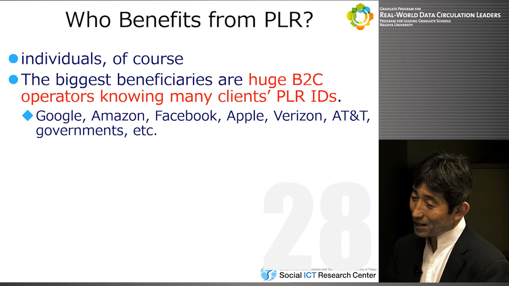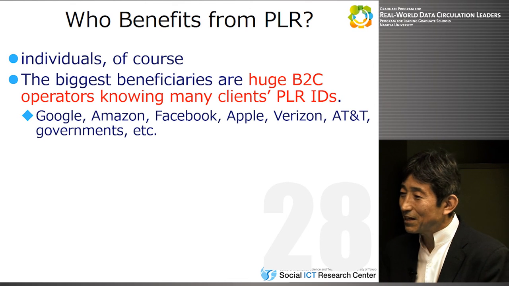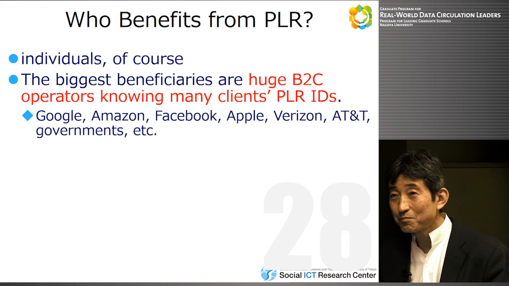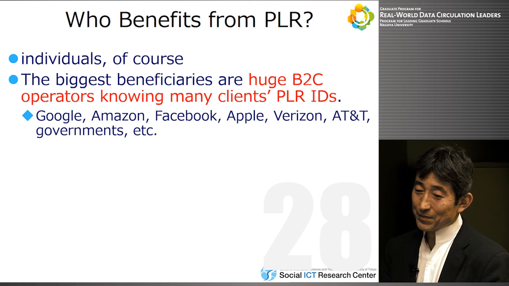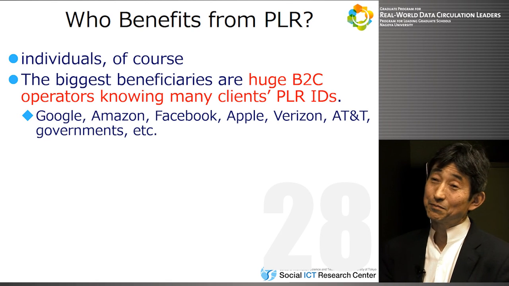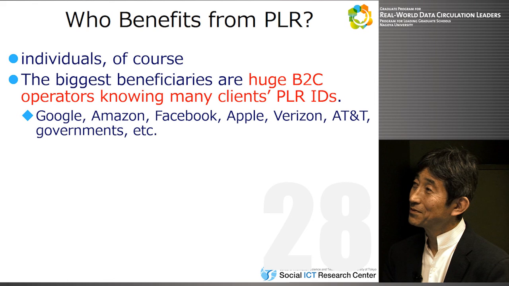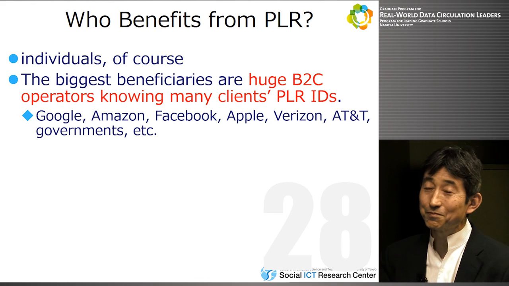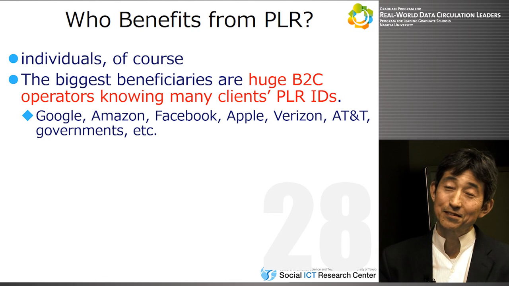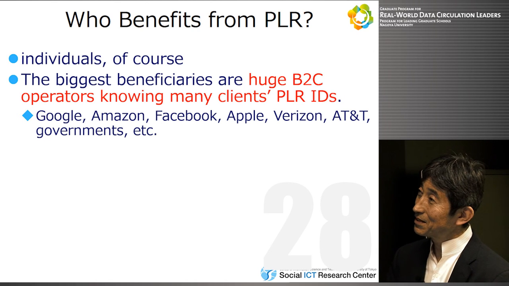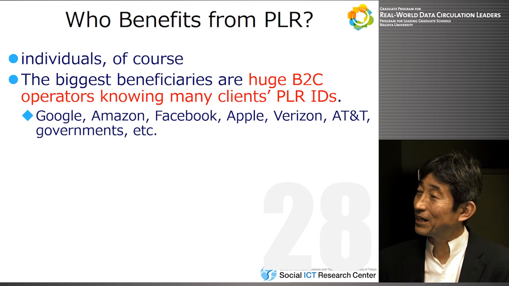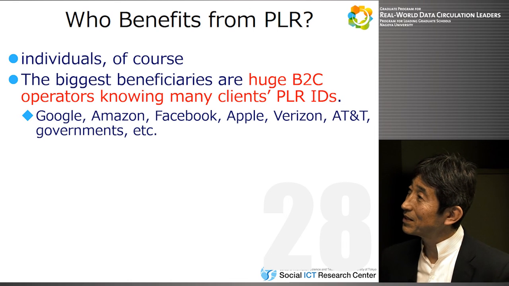So when PLR or decentralized PDS is spread, then behavior targeting advertisement would disappear. So in that situation, what is Google going to do? They will be doing mediator, nothing else. But that would bring about a much, much larger benefit for them.